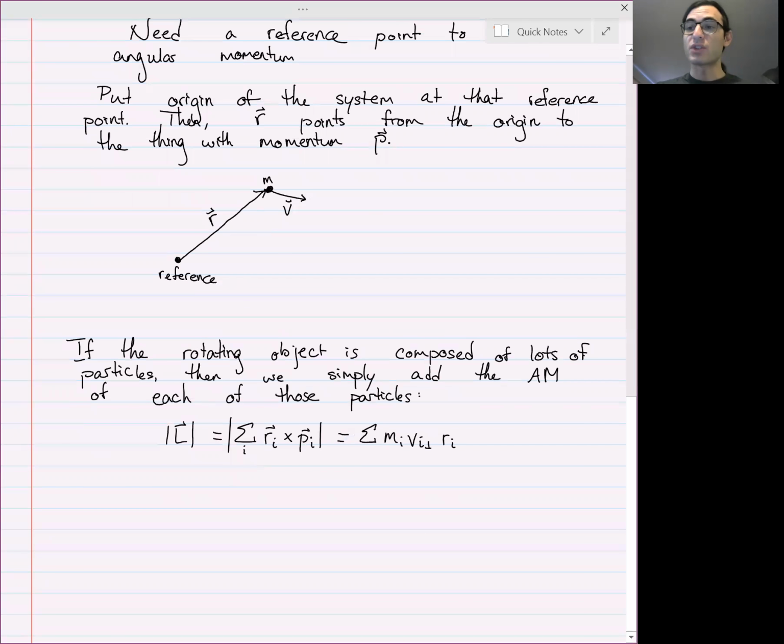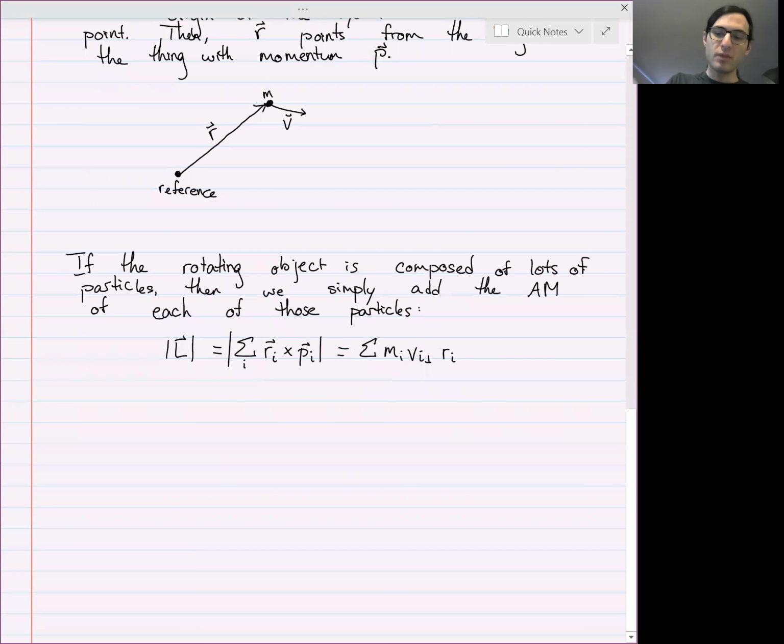Now, as a reminder, this is the perpendicular magnitude of the momentum. So it's mi times vi, and then we take the perpendicular part of v because it's a cross product. That vi is perpendicular to the position vector. So let me be more explicit here.